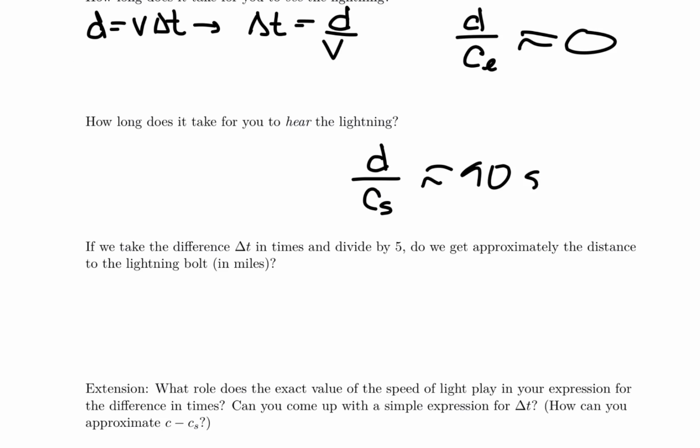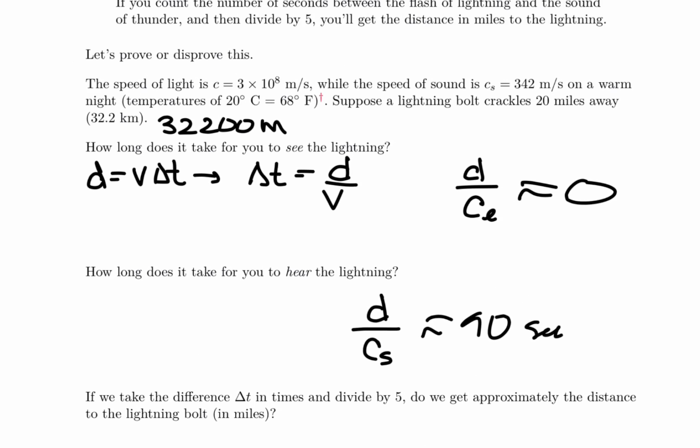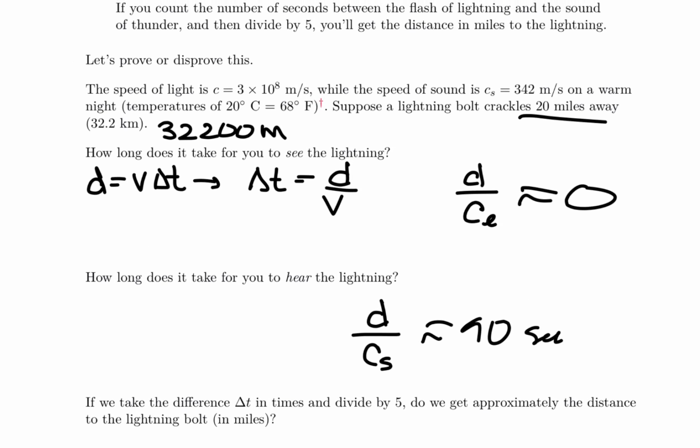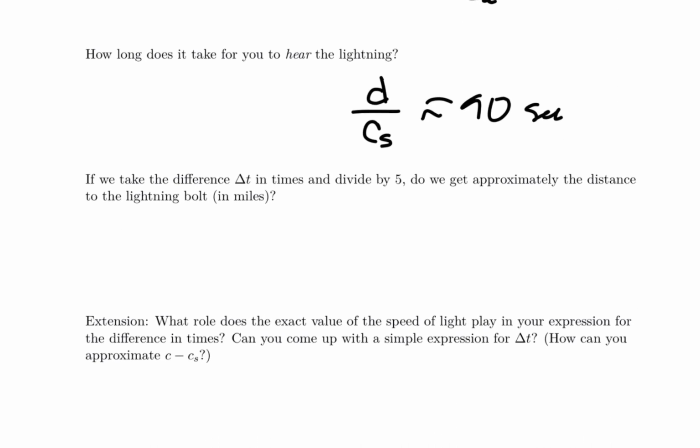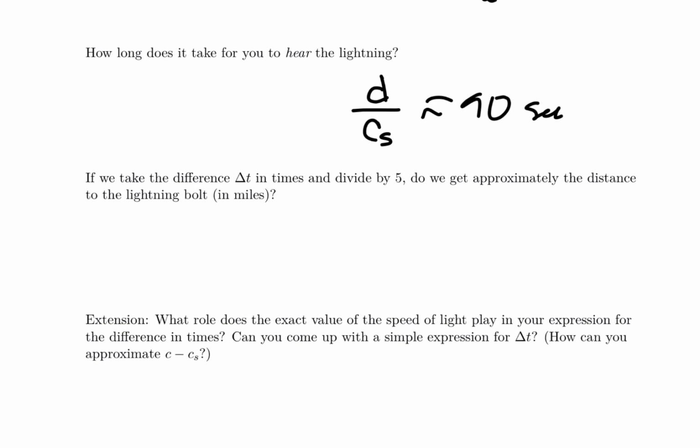I think this ended up being 92 point something or whatnot. So the difference in times is about 90 seconds, and when you divide by 5, you get something that's 18 point something, 19, close to 20, which was the claim. The units are obviously nonsense, but you get a number that is close to the number of miles. You could try to convince yourself why 5. Essentially, it just depends on unit conversions between meters per second, miles, etc.